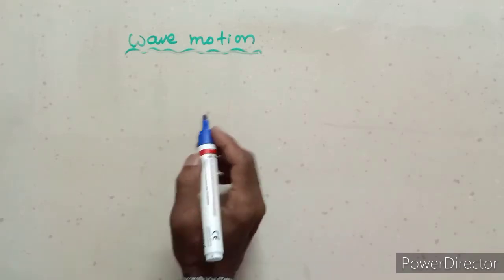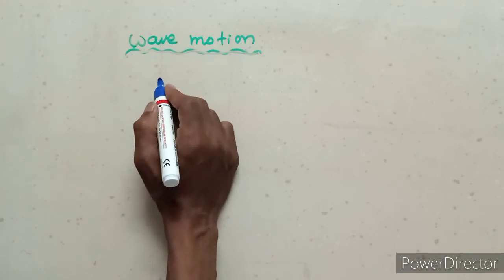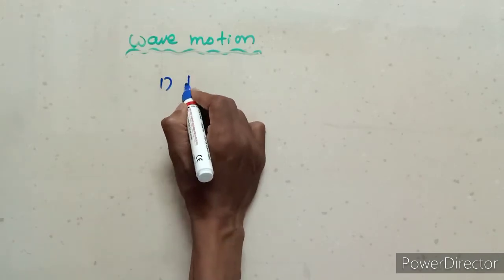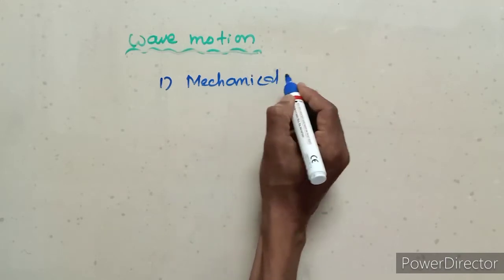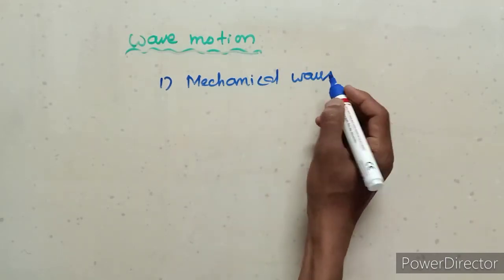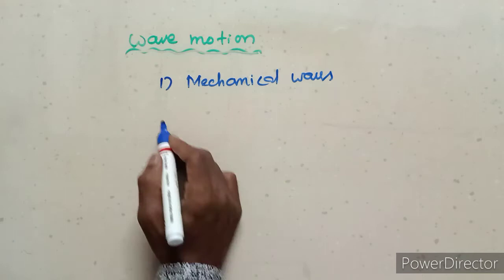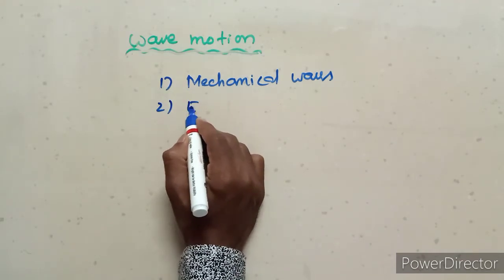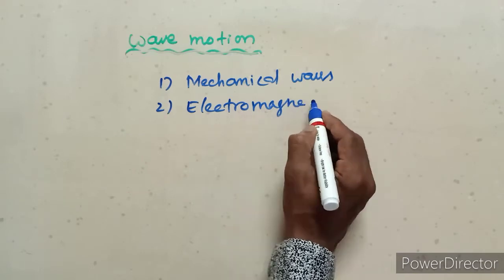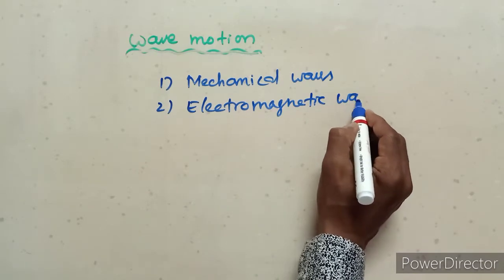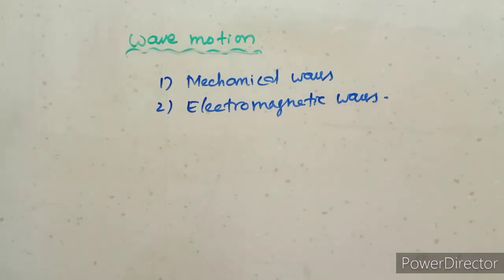Mainly, waves are generally two types: mechanical waves and electromagnetic waves.